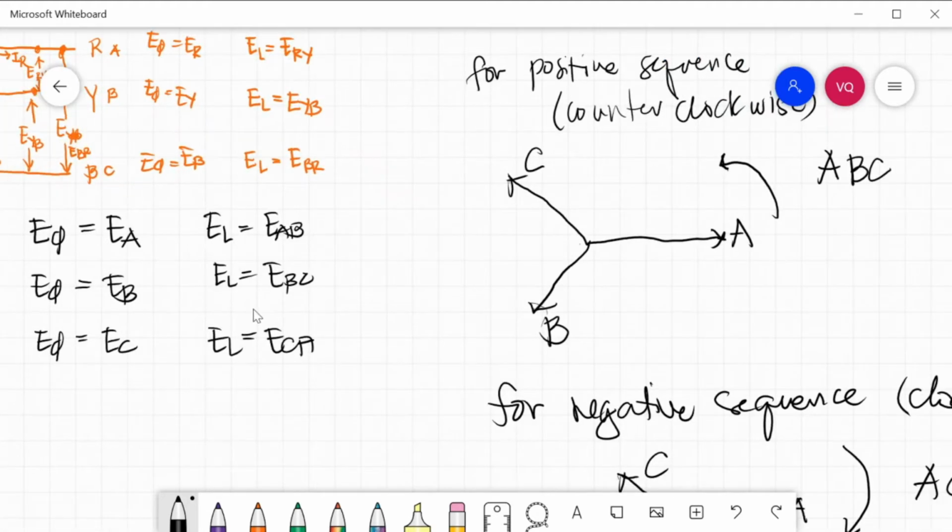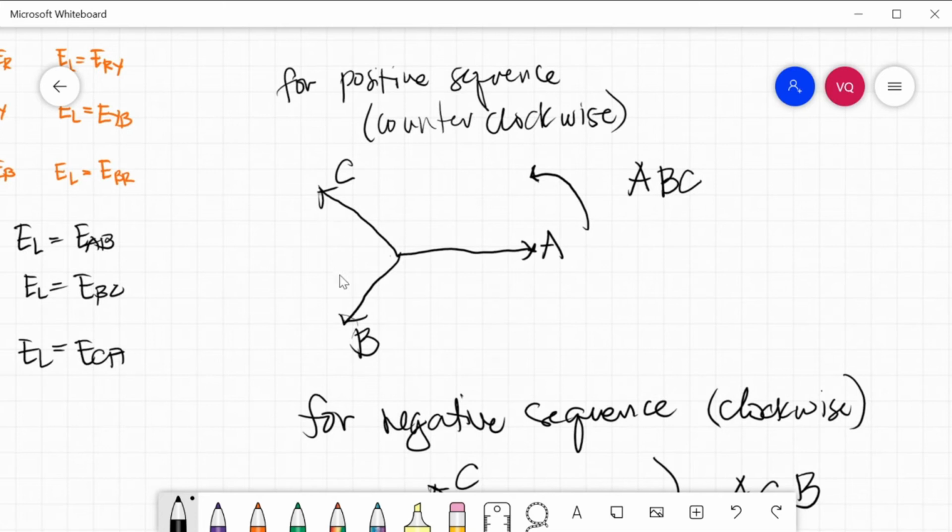So for positive sequence, if we rotate these vectors with respect to the reference x-axis counterclockwise, we will have a positive sequence equal to, at initial, we have A at the reference, and then it will rotate counterclockwise, the next one in phase with the reference x-axis is B, and then it will rotate again at 240 degrees.